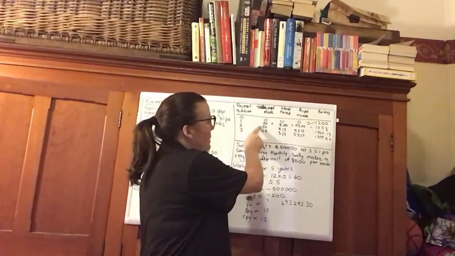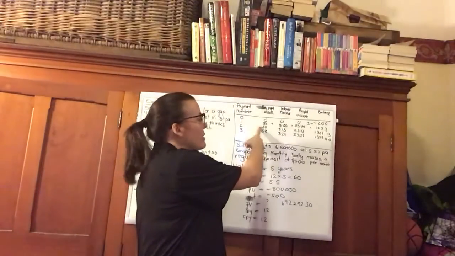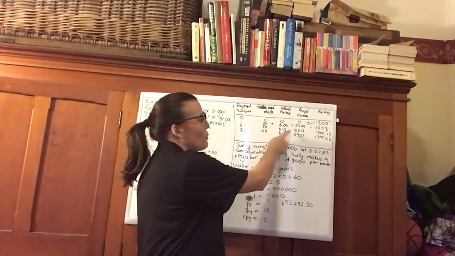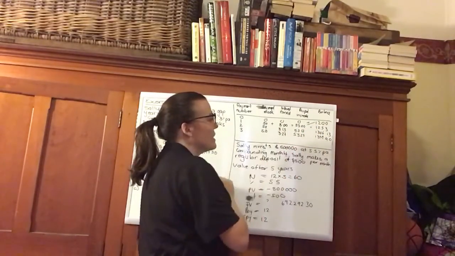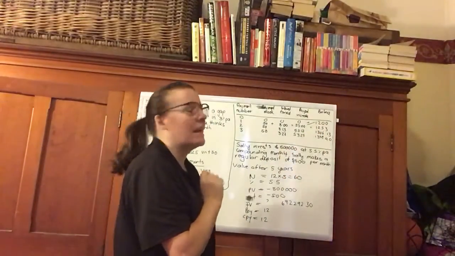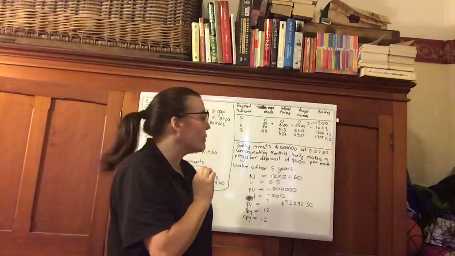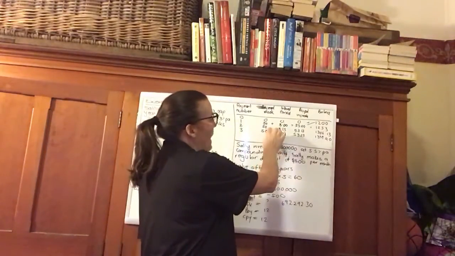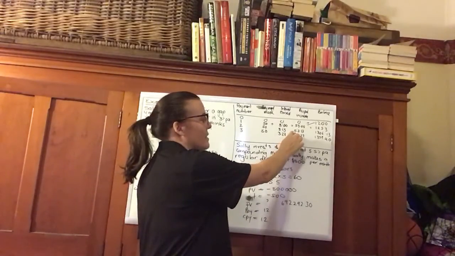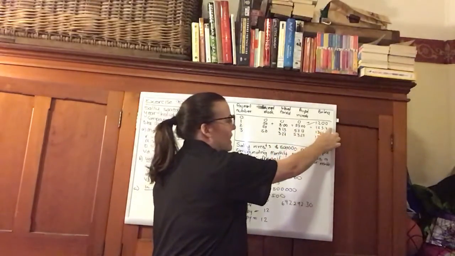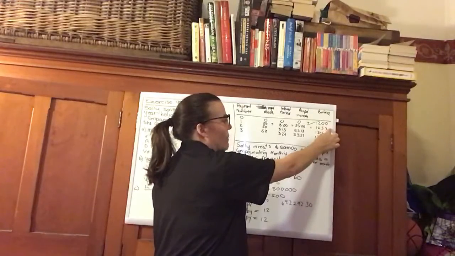After the second payment, again, she adds $50, but this time the interest was worked out on a slightly higher value. So the interest this time is $3.13. If we add those together, we get $53.13, and then we add that on to this balance here.